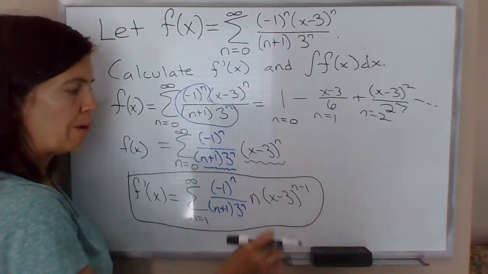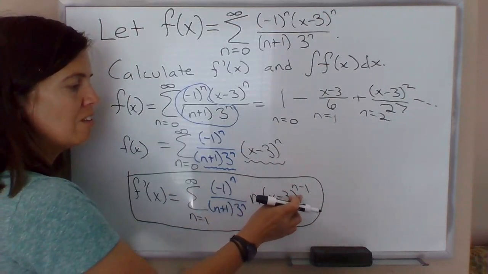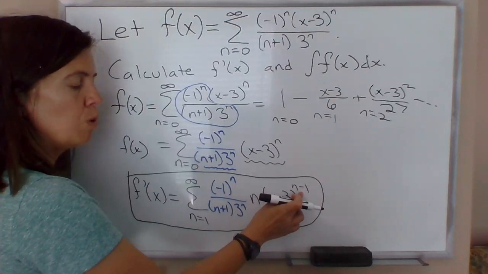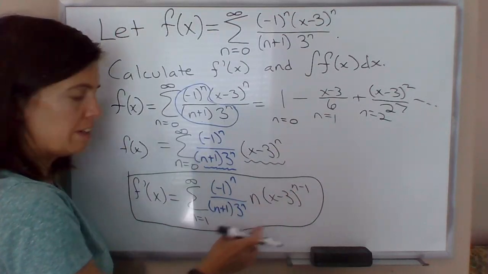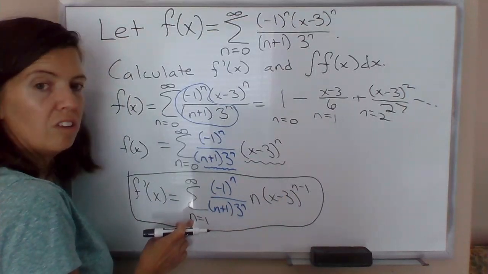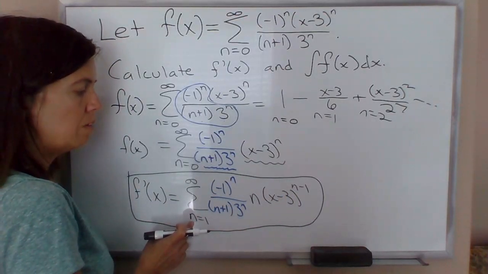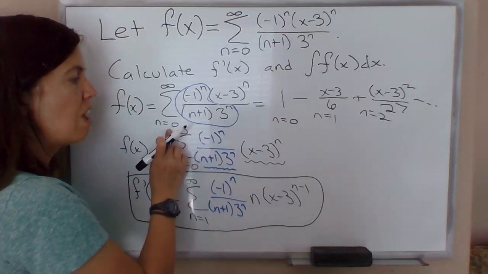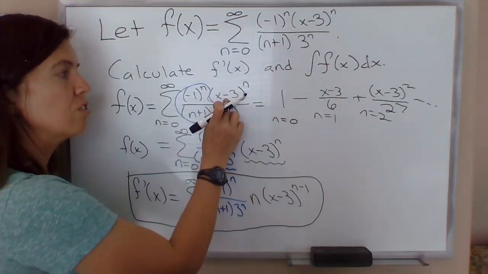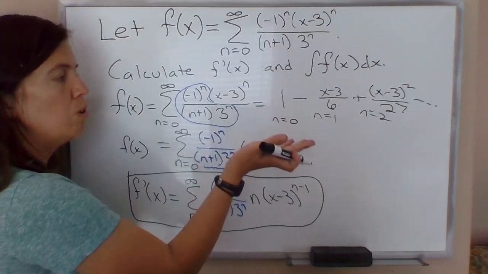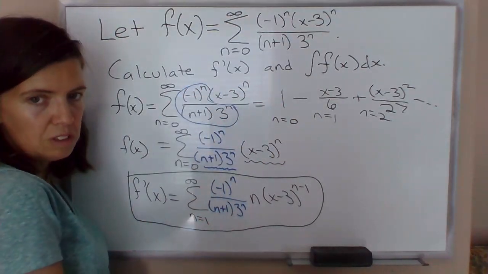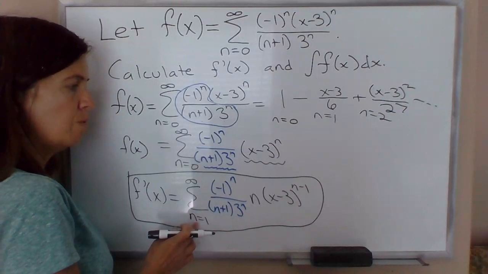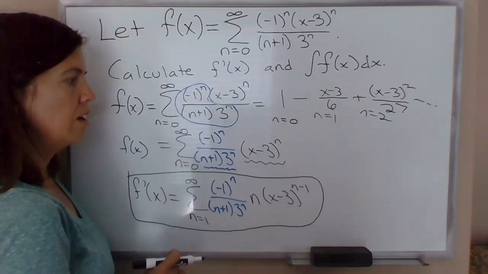It shouldn't have negative powers of x. And so the n minus 1 would warn me, oh, hey, I shouldn't be starting with n equals 0 anymore, or I'm going to have a negative exponent. So this sum now starts with n equals 1. But again, the reason for that is because n equals 0 corresponds to a constant term. X minus 3 to the 0, we're just calling that 1, and then everything else here is constant. So the derivative would be 0, would drop out. So that's why that sum starts at 1 there.